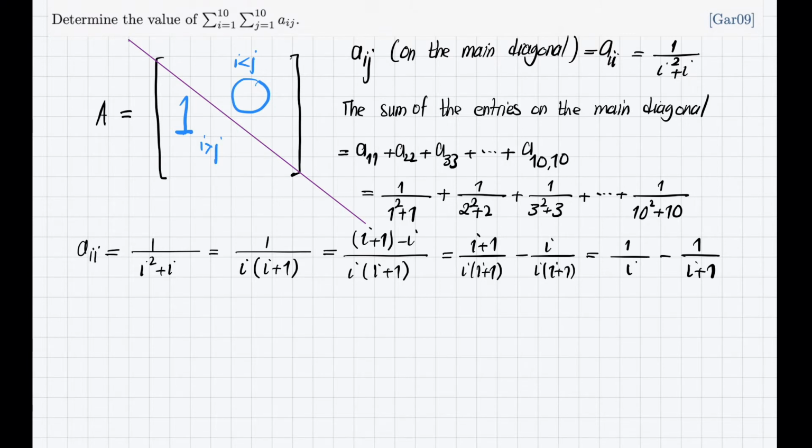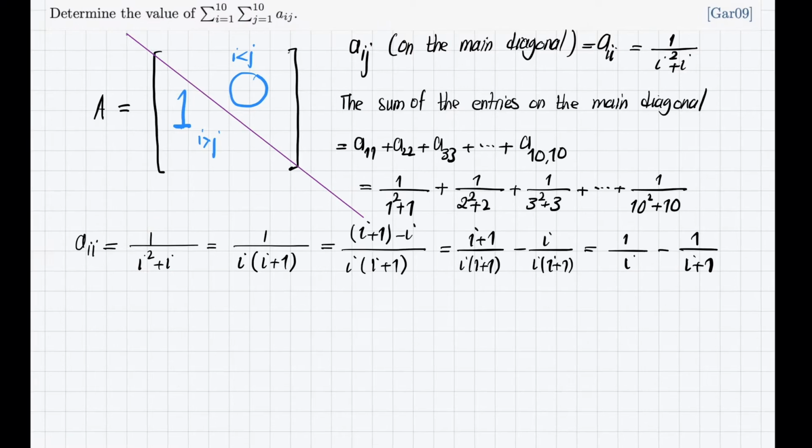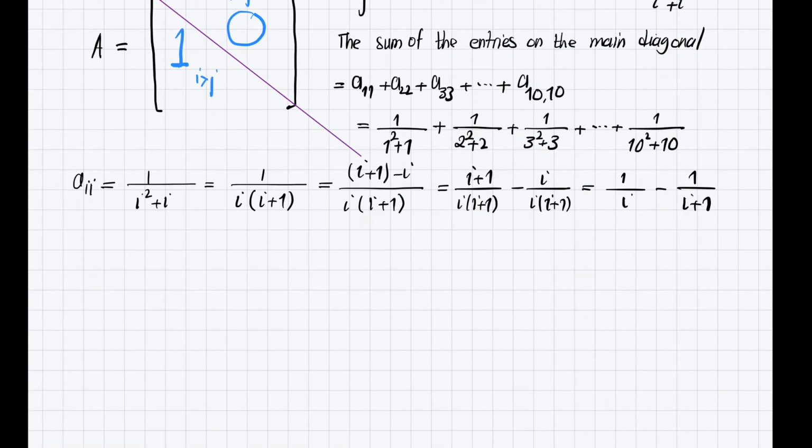So what we realize is that any expression of this form can be written as a difference of 1 over i minus 1 over i plus 1. Okay, so now I need to calculate a11 plus a22 plus a33 up to a10,10. So what can I do? a11 is 1 divided by 1 to the power 2 plus 1.